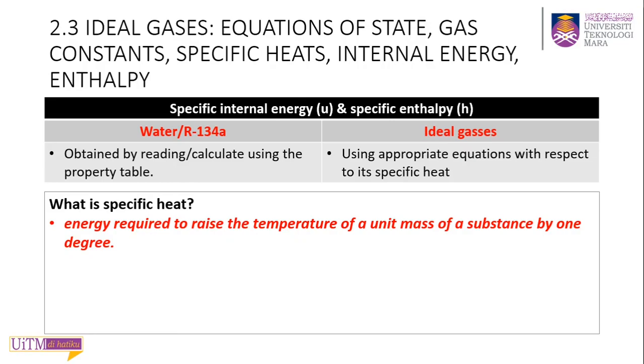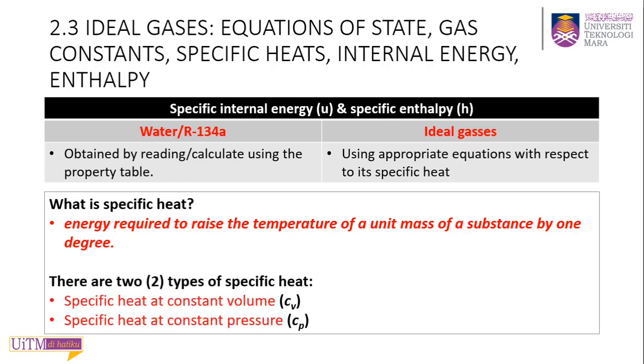Heat can also be removed, and when we remove heat, the temperature will be reduced. There are two types of specific heat: the first is specific heat at constant volume, Cv, and the second is specific heat at constant pressure, Cp.